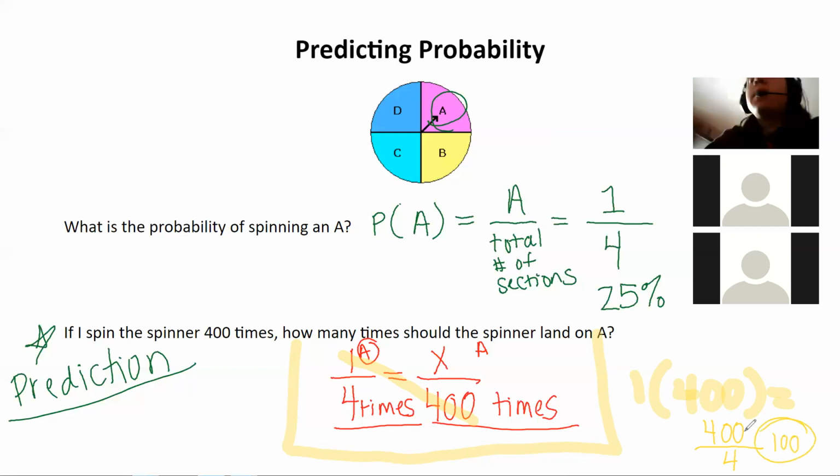Very, very good. So I would expect 100 times to land on A. But you guys thought about it perfectly. You did a great job. You might not need to do this every time, but it's good to know how.